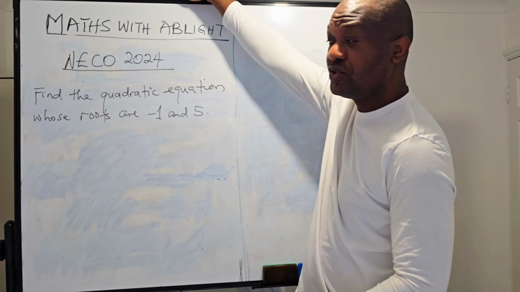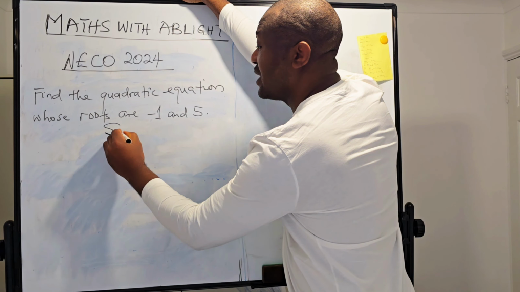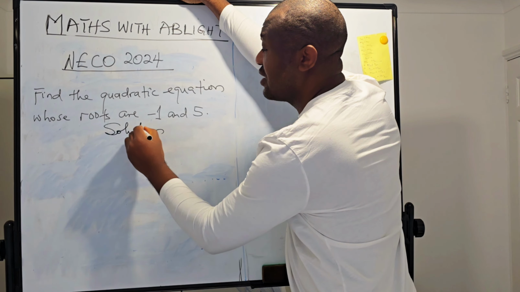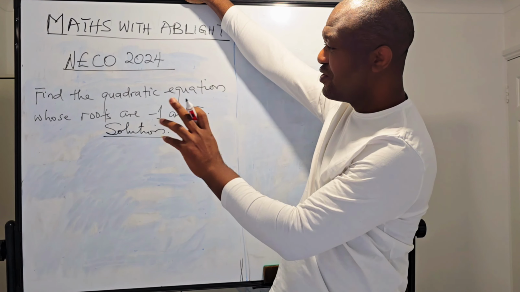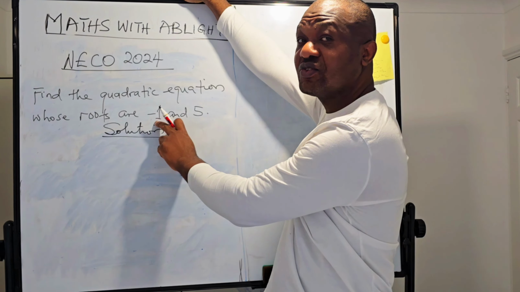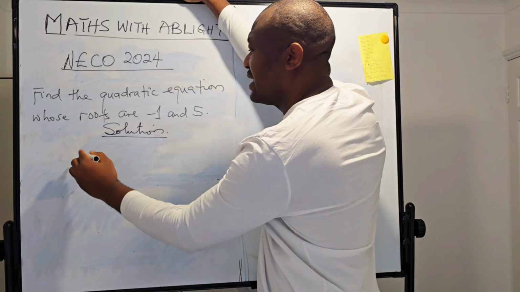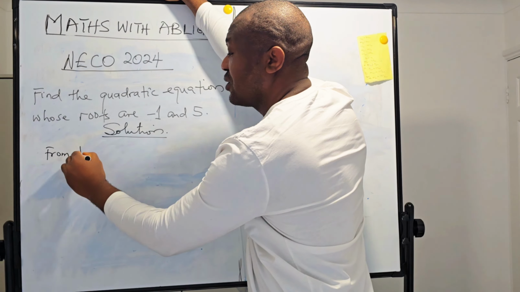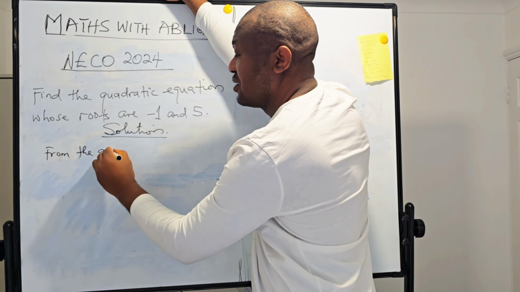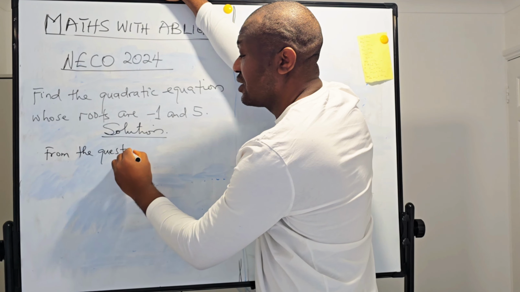First of all, you need to write your solution, and you write "solution" here. The roots are -1 and 5. This is how to write it for NECO.